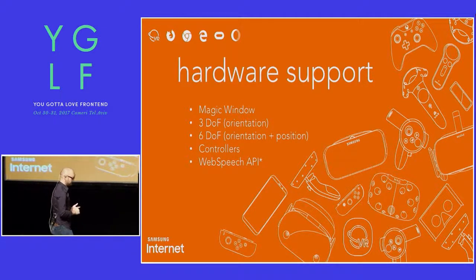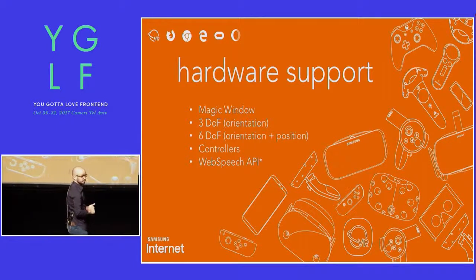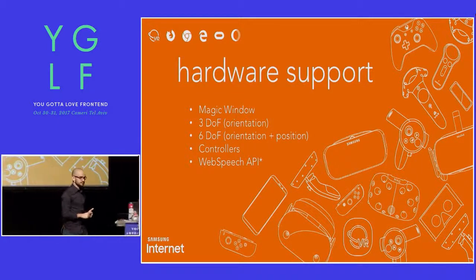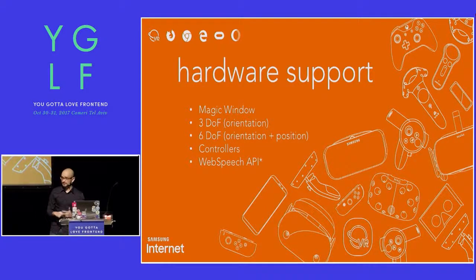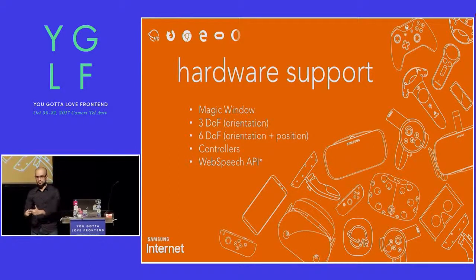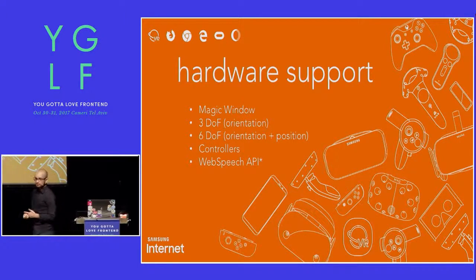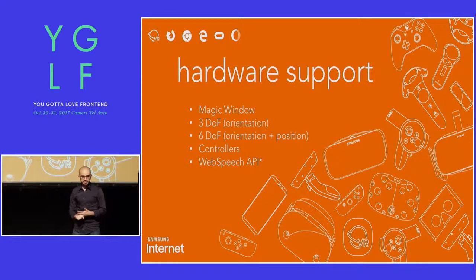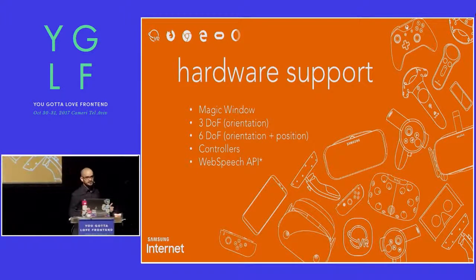And I'm actually happy to report that this is already supported through the Gamepad API, and it can enable very different types of VR experiences, as well as any other type of device that you can use to control, such as a Leap Motion, such as a Kinect. So if you're thinking about doing something that requires a Joy-Con, a Kinect, and any other crazy combination of hardware, then the web is your playground.